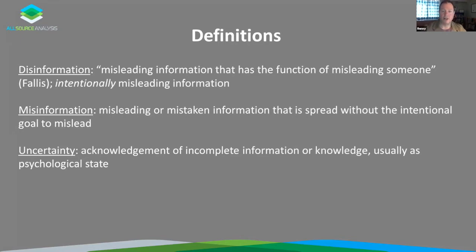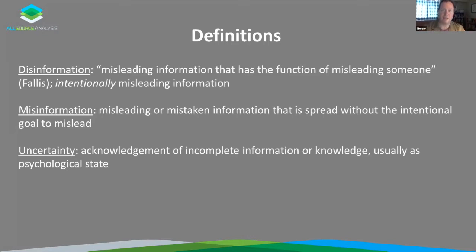I also want to use it here in a way that reflects on disinformation. Disinformation in particular plays on the idea that we don't have complete knowledge of almost anything in the world. And that's part of what makes disinformation effective.